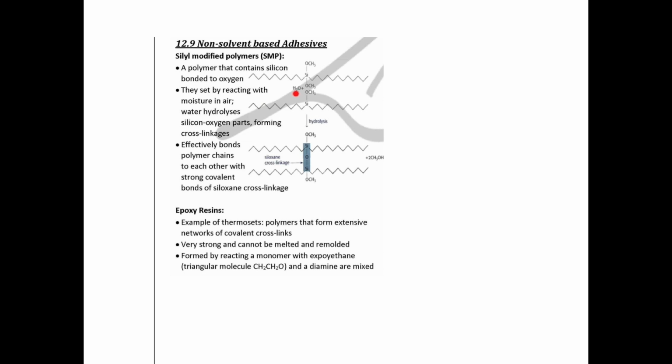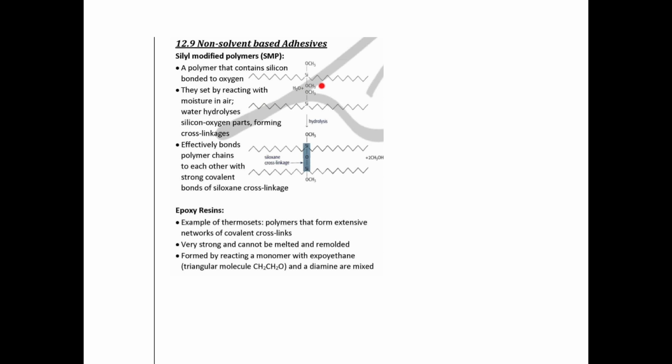H2O. So the other words to explain set is the adhesive dries. Okay, if they're dry, we call it set also. We call it set, adhesive dry. Okay, so moistures in the air, which is here. So what happened is hydrolysis happens.